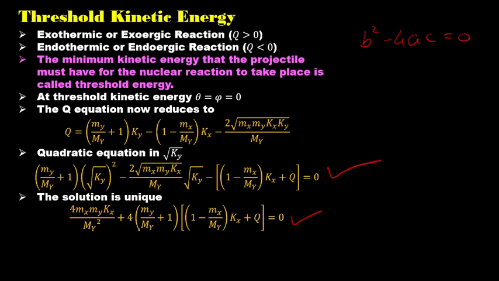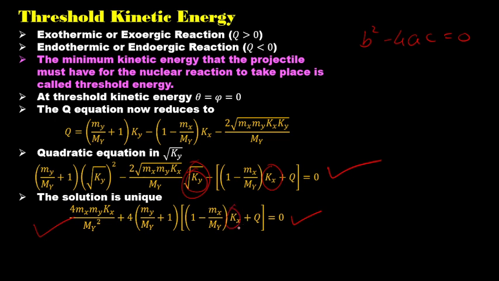Now our further analysis simply involves some algebraic manipulation, which leads to the final expression for the minimum kinetic energy. Just remember that we are considering the situation where Kx is minimum, and the minimum value of Kx corresponds to a certain unique value of Ky, and the unique value of the square root of Ky corresponds to b square minus 4ac equal to 0 applied to this equation, giving us this equation.